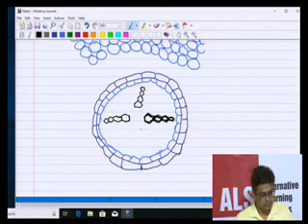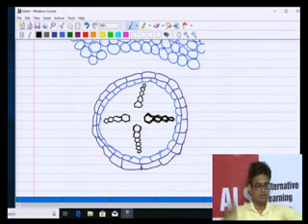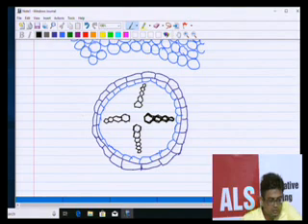Like this. Fourth one like this. Okay. So this is the xylem vessel.